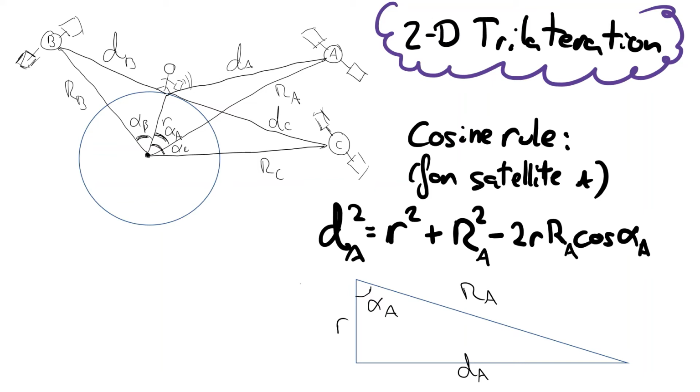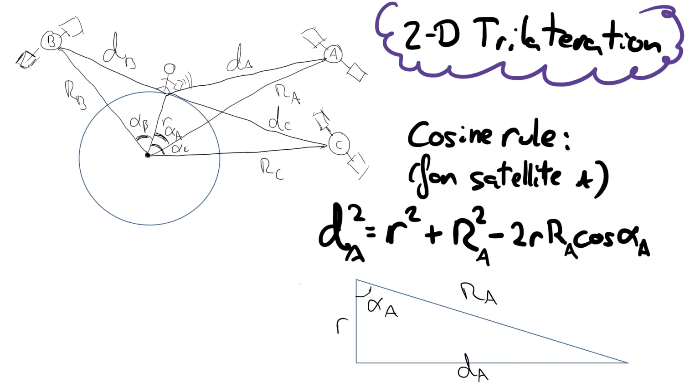So, if we start receiving a signal from satellite A, and we know the radius of the Earth, small r, the radius from the center of the Earth of the orbit of the satellite A, capital R sub A, and the angle alpha sub A formed between the straight lines from the center of the Earth to the satellite and from the center of the Earth to the GPS receiver, then we would have exactly 3 pieces of information of a triangle, right? 2 sides and the angle contained in them.